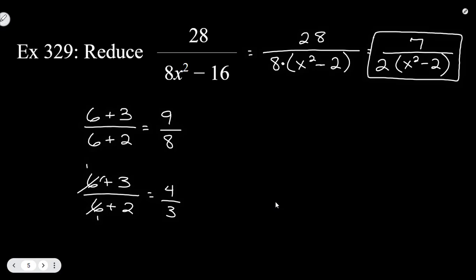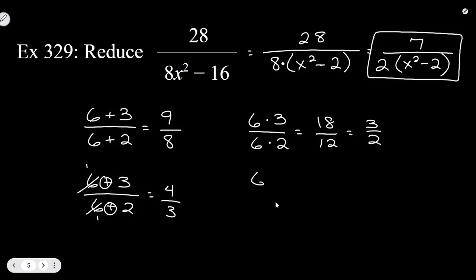So if you have addition or subtraction involved, you cannot do canceling. On the other hand, if you had 6 times 3 and 6 times 2, that would be 18 on the top and 12 on the bottom, which would be 3 over 2.